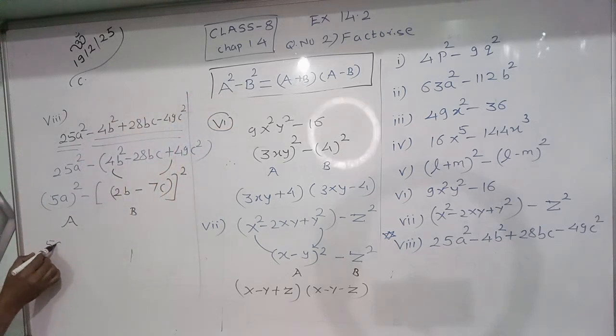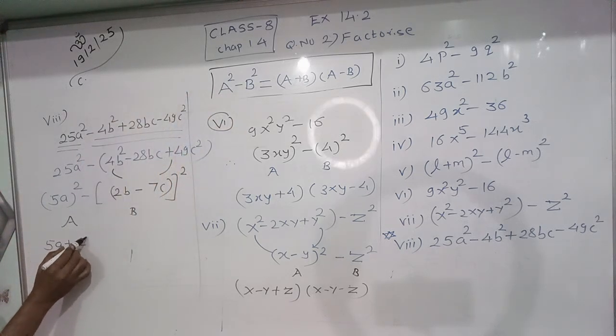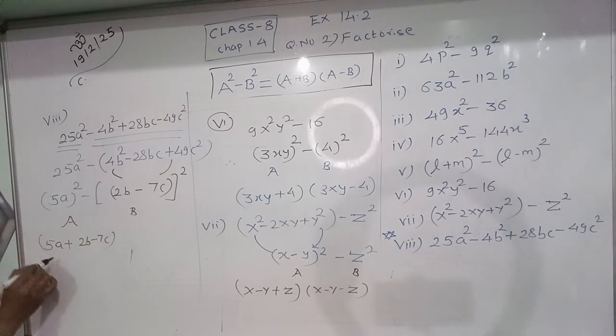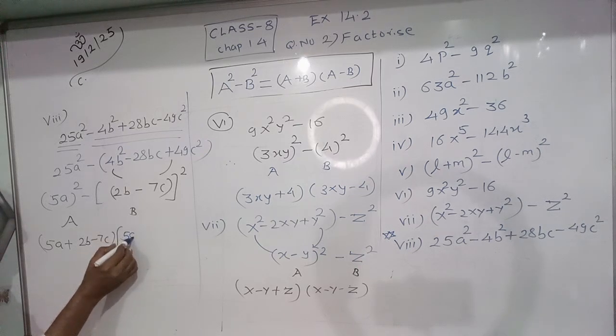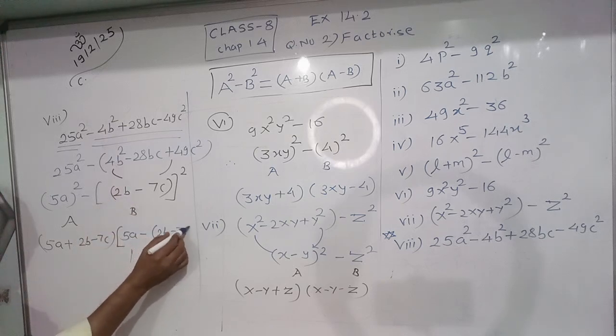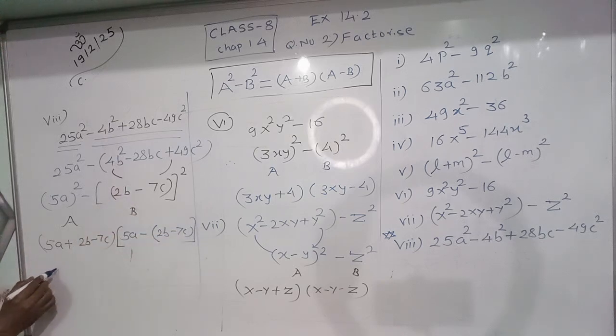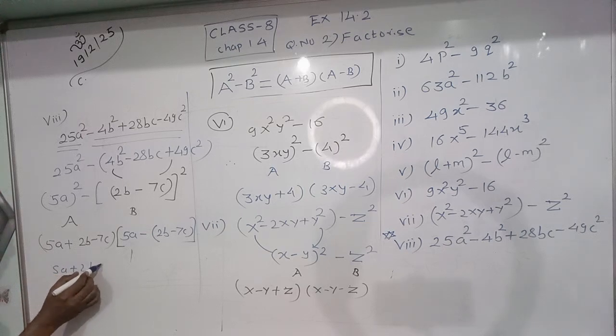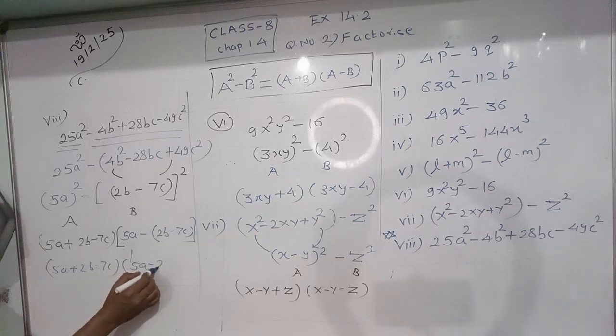Again we have to take the sum of these two in one bracket, and in another bracket we have to take their difference. So 5a minus, as there is a negative sign, we have to make another bracket, and the factors after simplification are 5a minus 2b minus 7c.